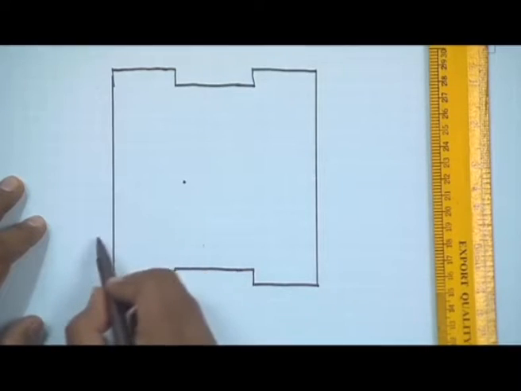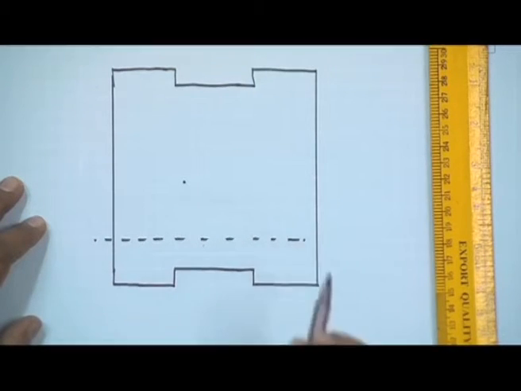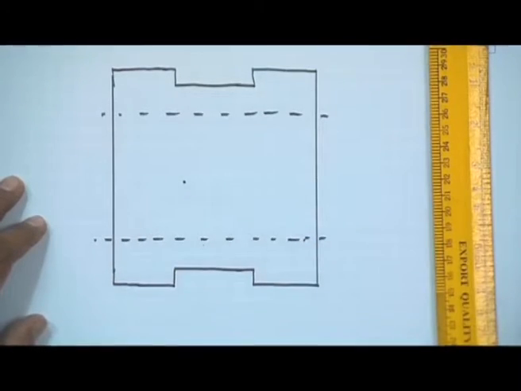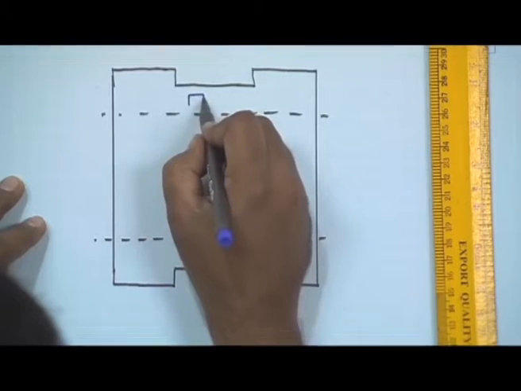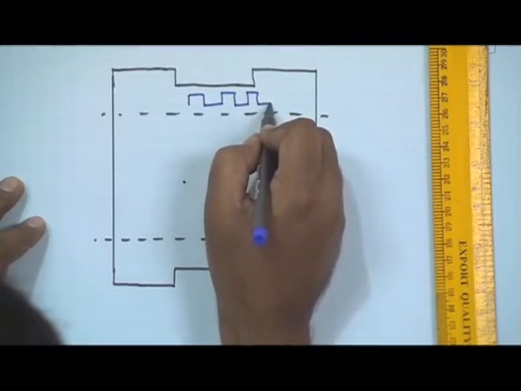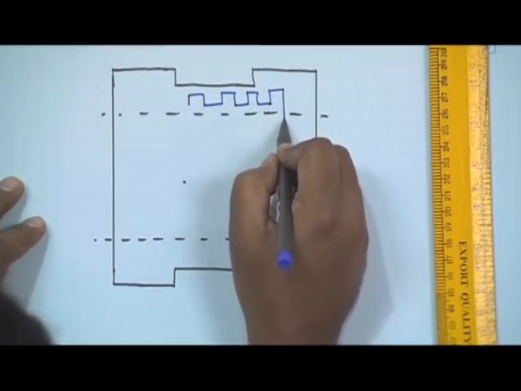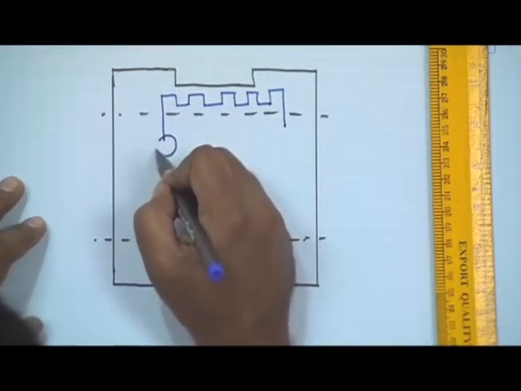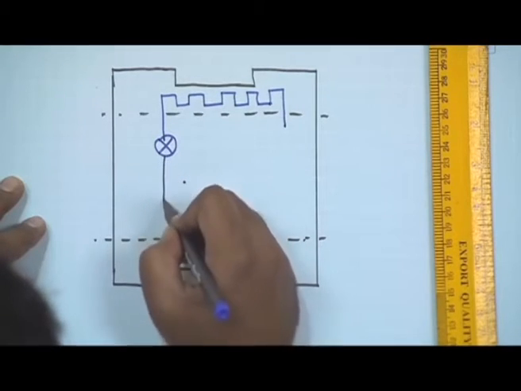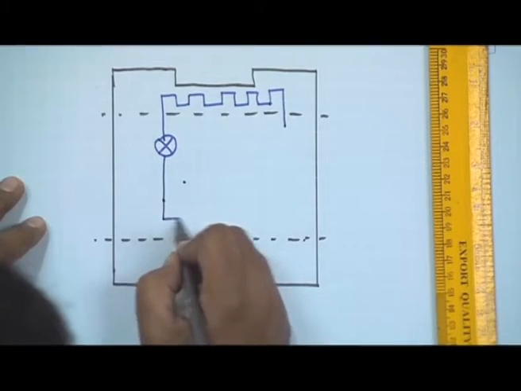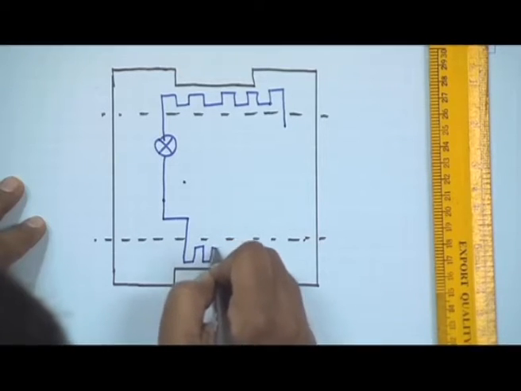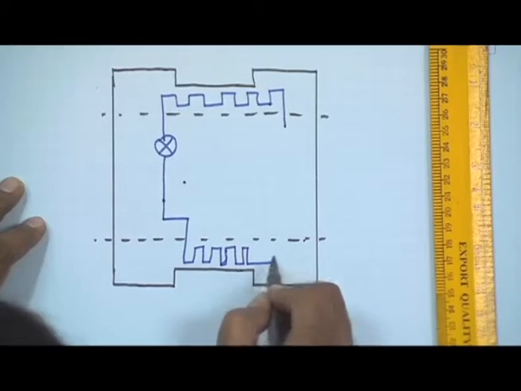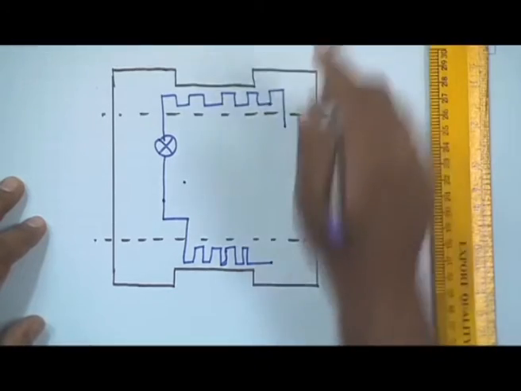So, it is the same thing now. This is during winter. Let me draw the same. The expansion valve comes out, and it goes up like this.